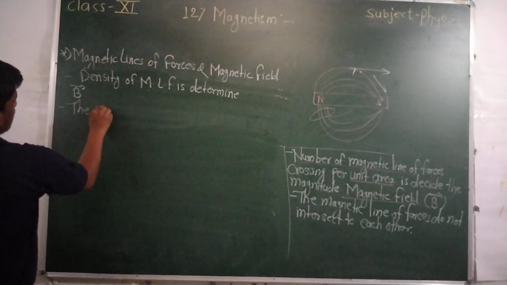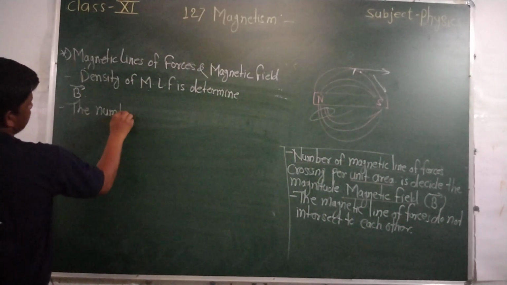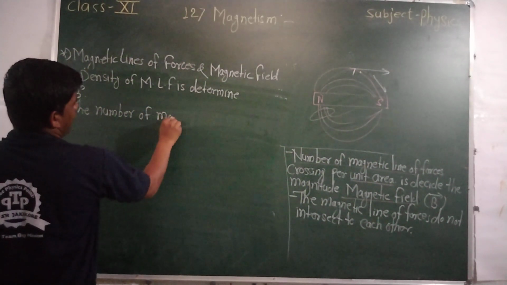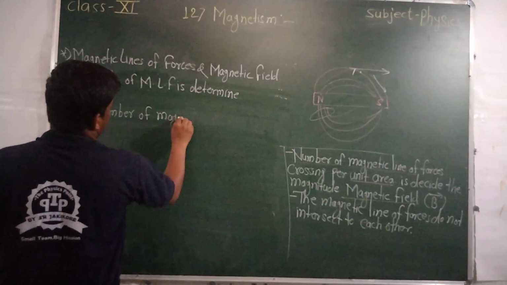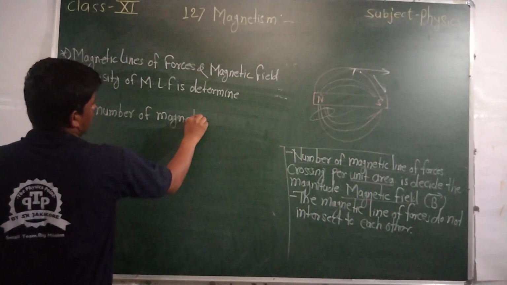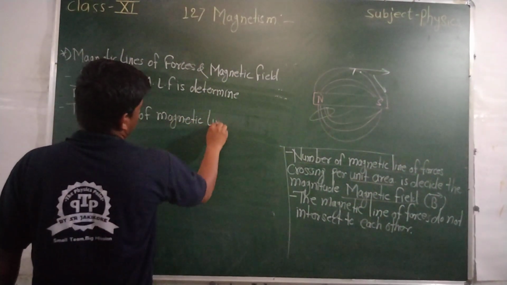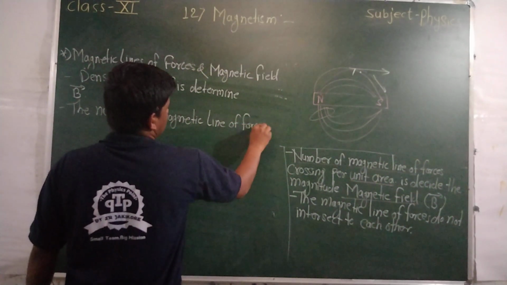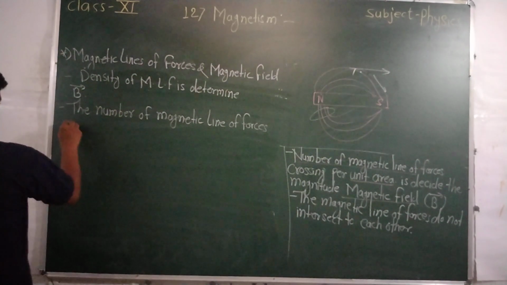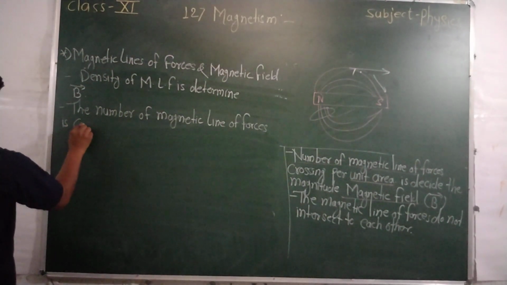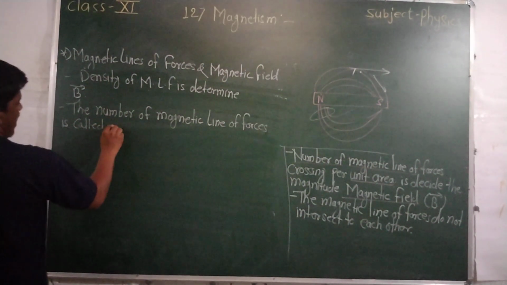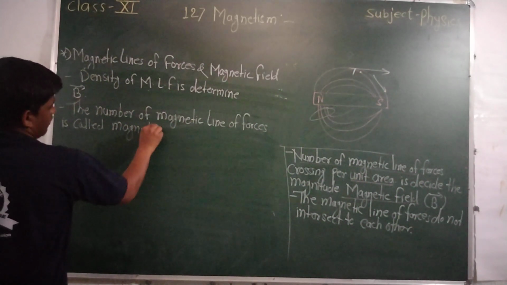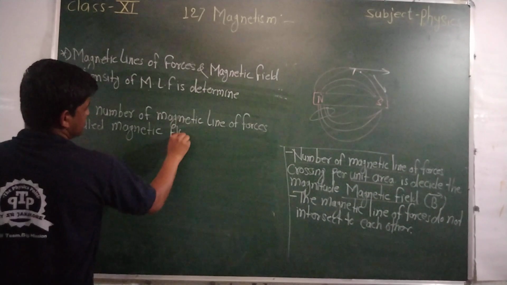The number of magnetic lines of force, that is MLF, is called magnetic flux.